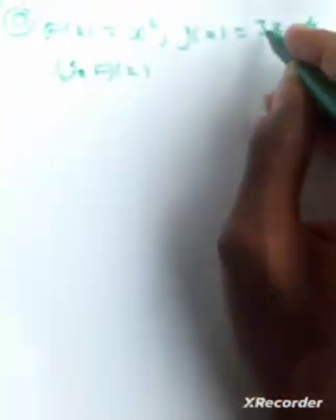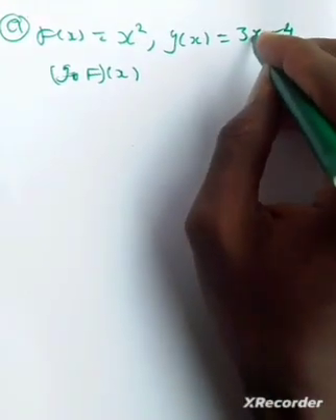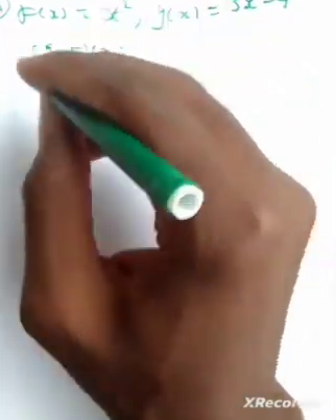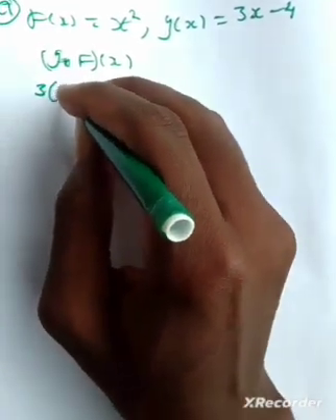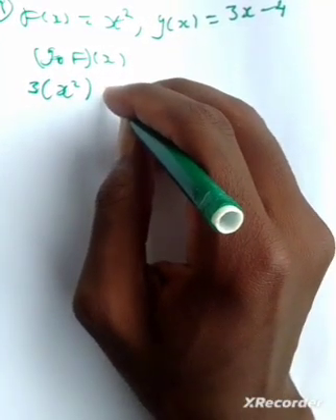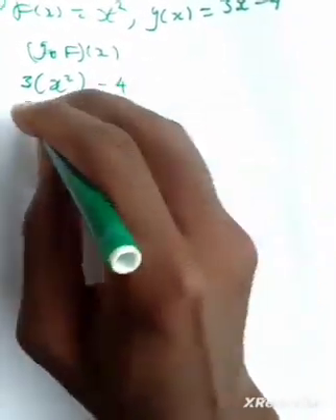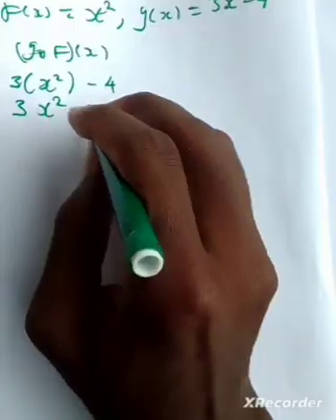So in the function g, where there is x, put the whole function f. So it's going to be 3x power 2 minus 4, so it will be 3x² minus 4.